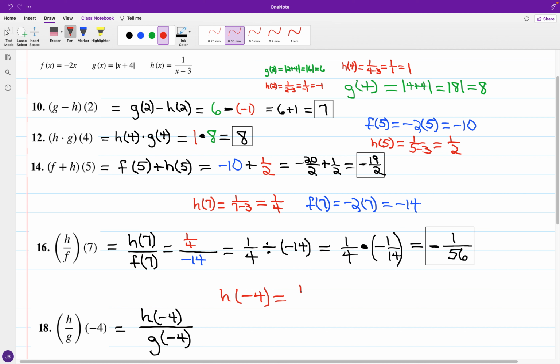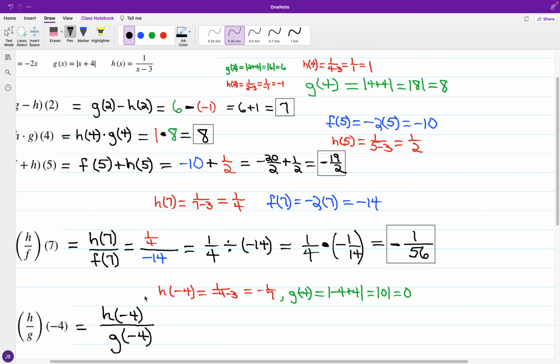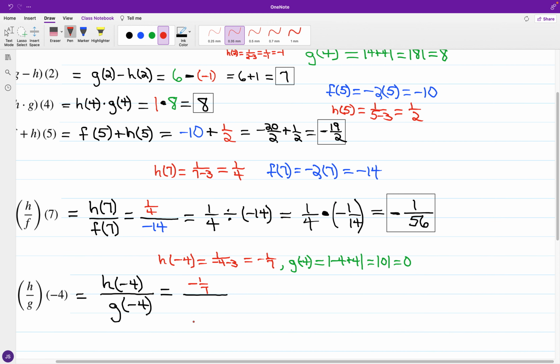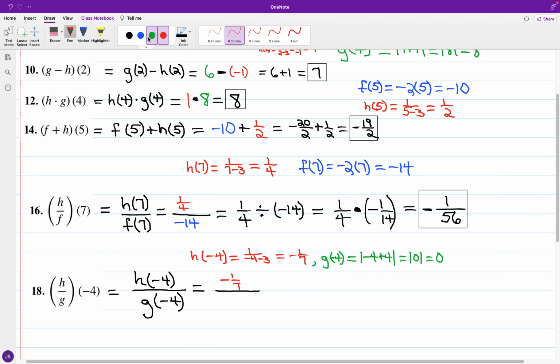And so just inputting the values for h of negative 4 as well as g of negative 4. So we have for h of negative 4, negative 1/7, and we have for g of negative 4, we have 0, and guess what?